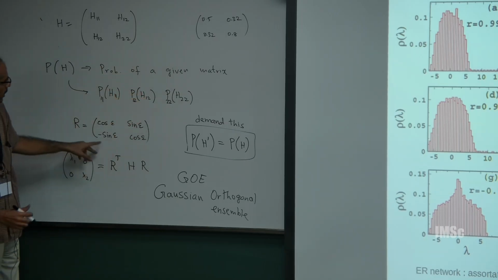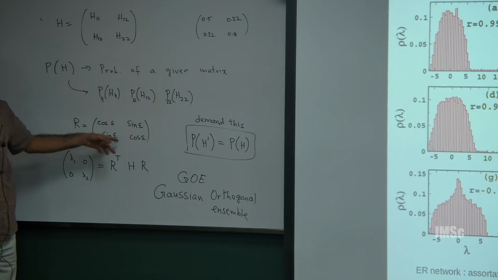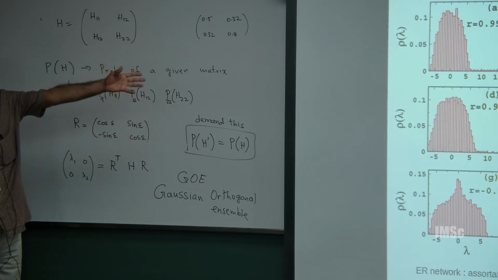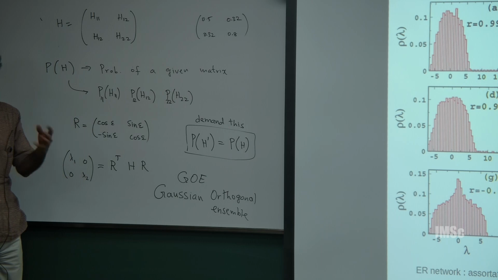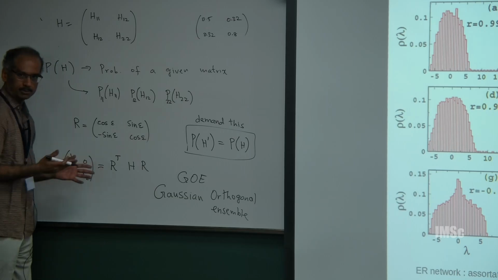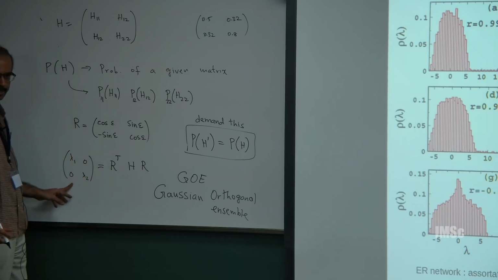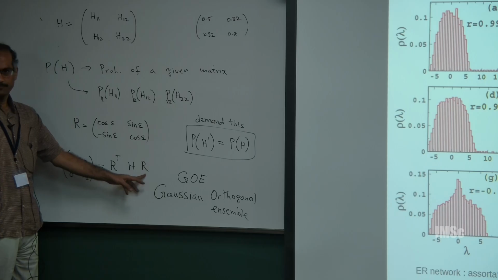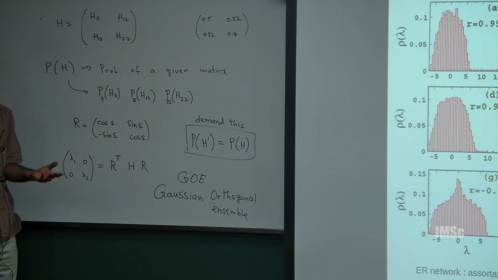So, the columns of R, so remove this epsilon and put theta there, they are simply the eigenvectors. That is always true, whether you deal with network or anything, it is basic linear algebra. Okay. So, you effected an orthogonal transformation from H to a diagonal form, and the columns of R are the exact eigenvectors that you are looking for, and that is what it is.